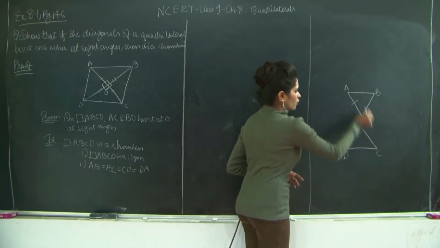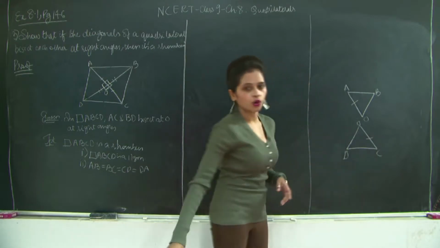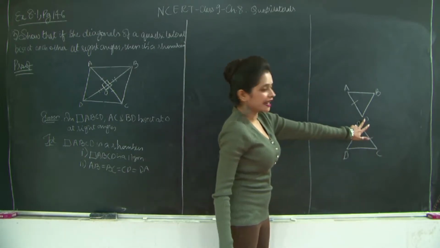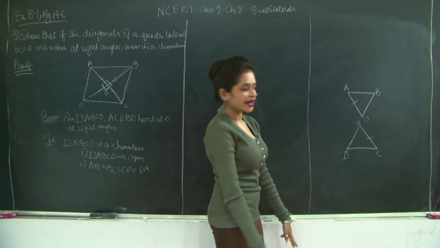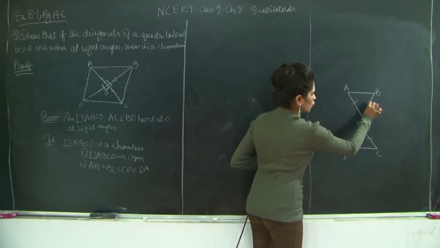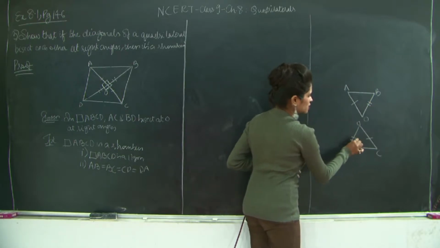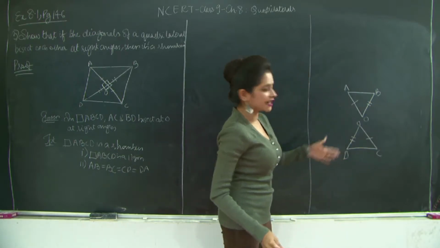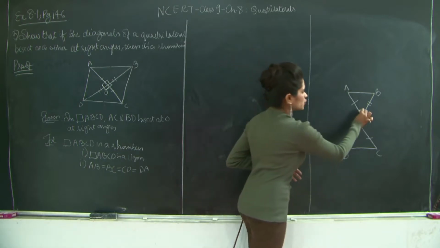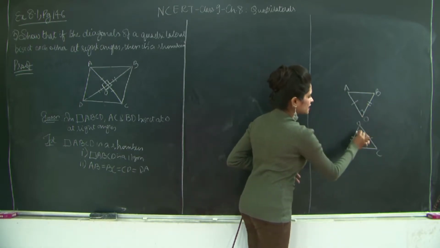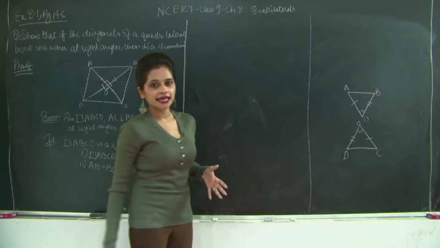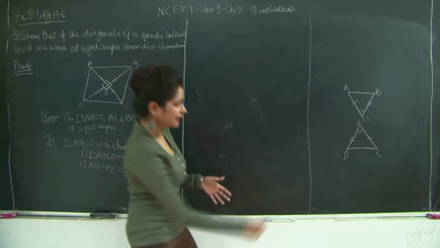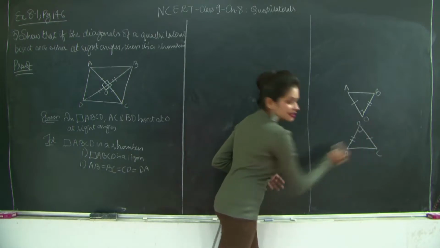That AO is equal to CO. Why? Because the diagonal AC is getting bisected at O. Also I have what? That OB is equal to OD. Why? Again BD is getting bisected at O. And each of this angle here AOB is equal to DOC. Therefore, the two triangles are congruent by SAS test of congruence, which is side, angle and side.